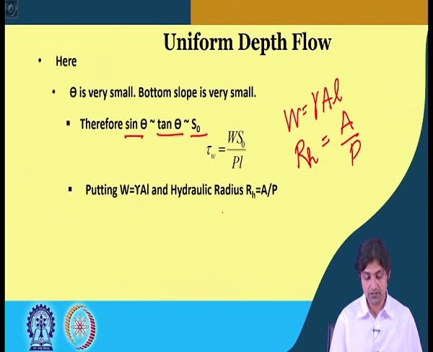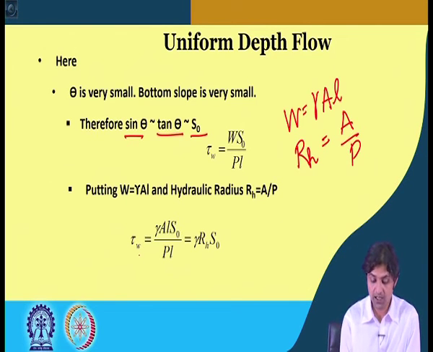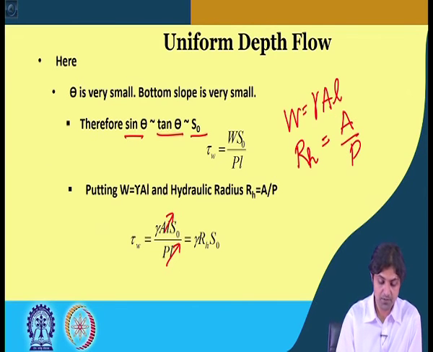So, if we put this term, tau W will be gamma A L S naught divided by P into L. So, L and L get cancelled, and we have defined this A by P as R H. So, we can simply write gamma R H into S naught for uniform flow.